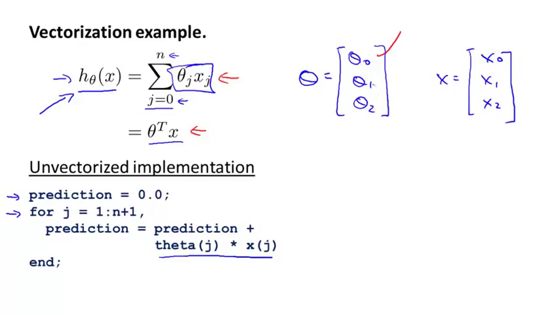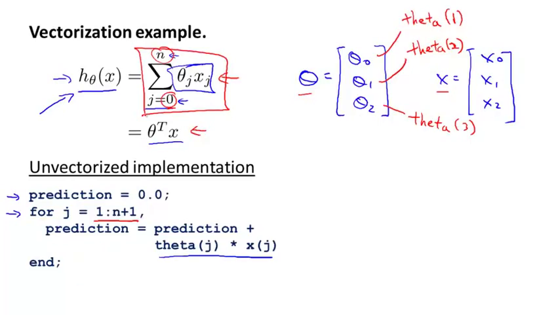But because MATLAB is 1 indexed, theta 0 in MATLAB we might end up representing as theta 1, and this second element ends up as theta 2, and this third element might end up as theta 3, just because vectors in MATLAB are indexed starting from 1, even though I wrote theta and x here starting indexing from 0, which is why here I have a for loop where j goes from 1 through n plus 1 rather than j going from 0 up to n. But this is an unvectorized implementation in that we have a for loop that's summing up the n elements of the sum.